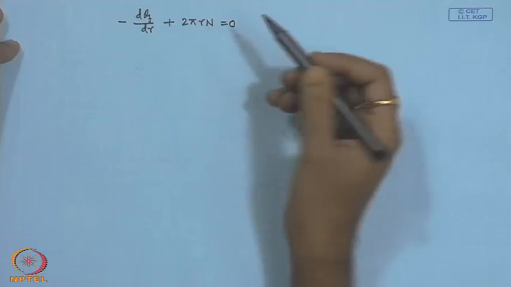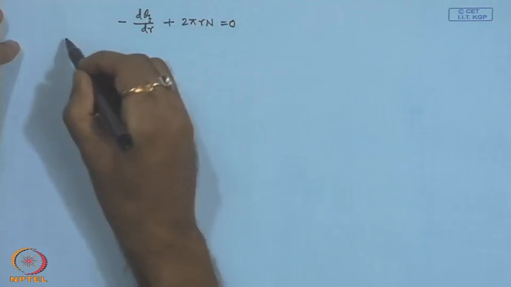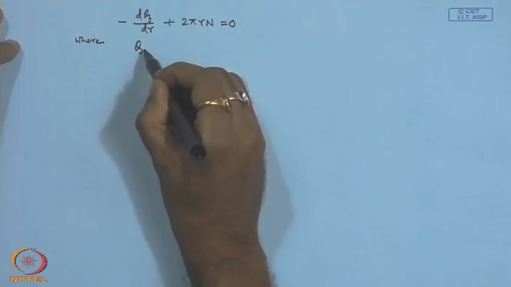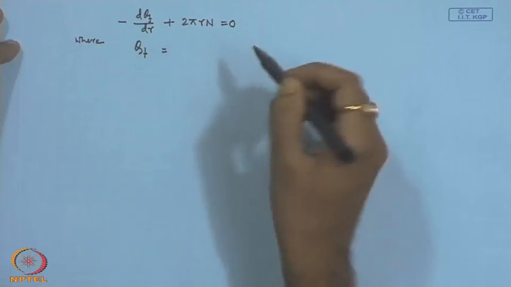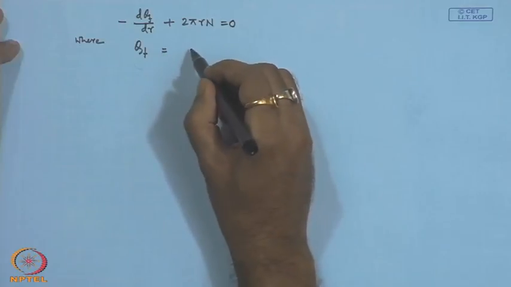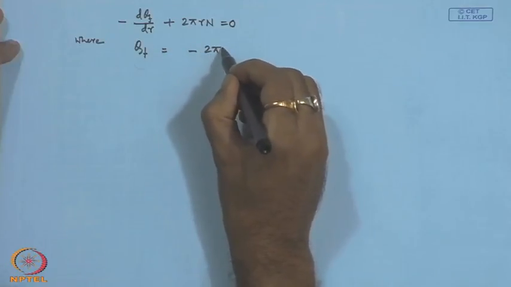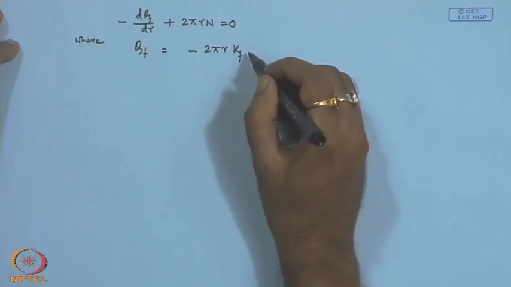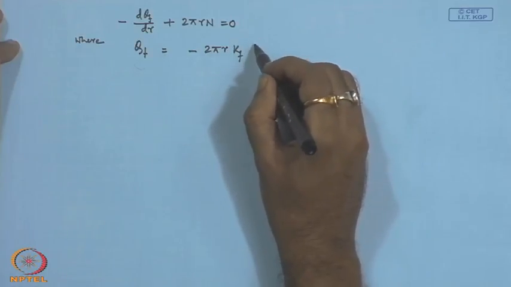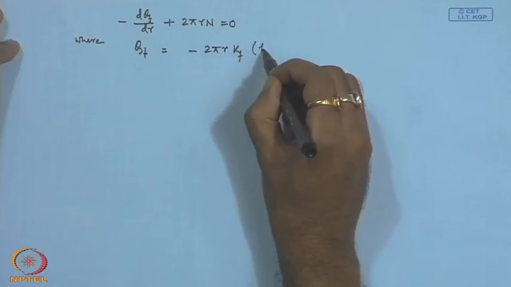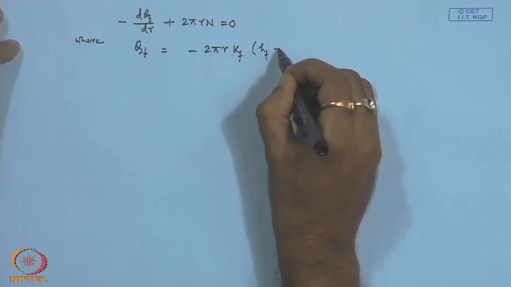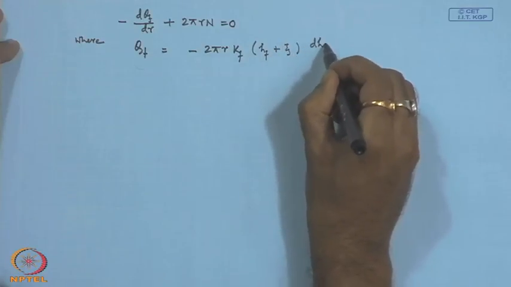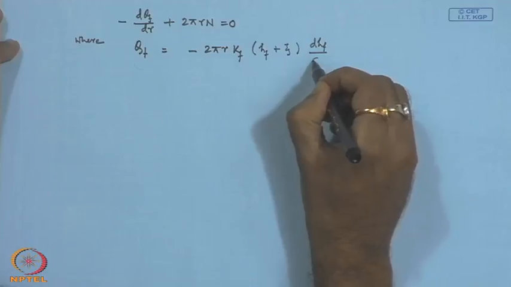This is varying with the radial direction, where we have this Qf or our flux is 2 pi r into Kf. Kf is the freshwater hydraulic conductivity, Hf plus xi, dHf by dr.